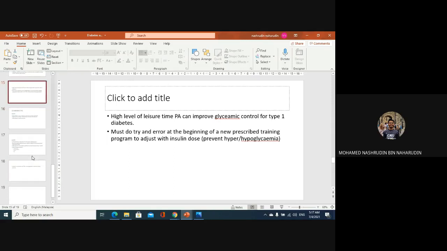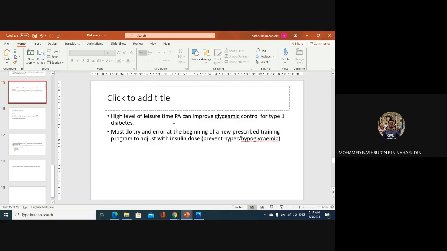So apart from that, a high level of leisure time of physical activity has been shown to improve glycemic control for type 1 diabetes. When you give an exercise training program to your type 1 diabetes patient, make sure you have high leisure time, meaning that their body can adapt to the exercise demand.